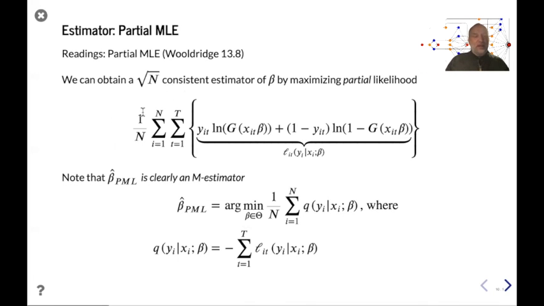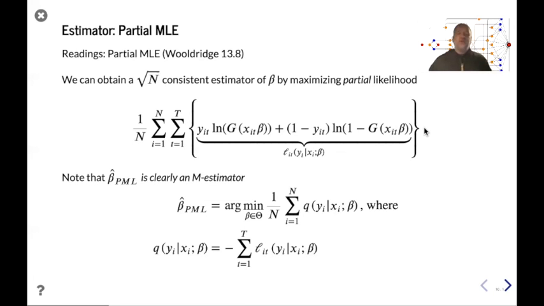So the partial likelihood is essentially just the sample average over the time periods, and then the sum of all the individual log likelihood contributions that you have seen for linear index models, or binary response models, before. So essentially we just sum over all the observations.